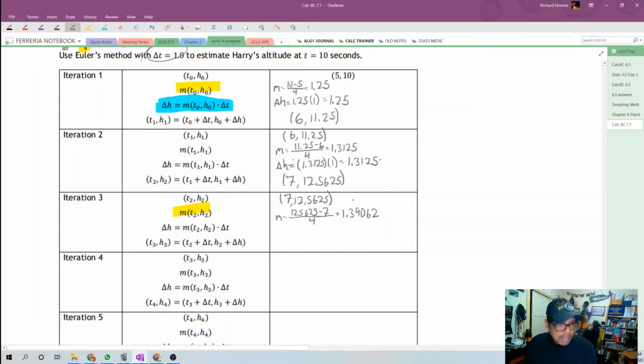And that's kind of the beauty of this. With a calculator, you can solve these differential equations and get high quality estimates really quickly. So delta H is going to be equal to m, 1.39062, multiplied by delta T, which is 1. And very nicely, that gives us the same.